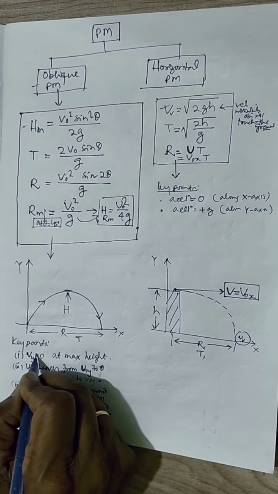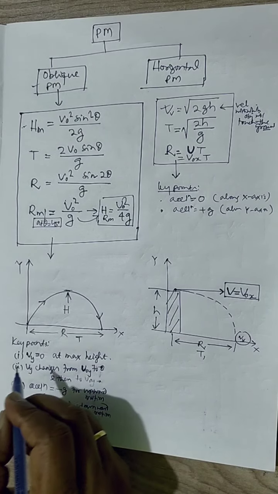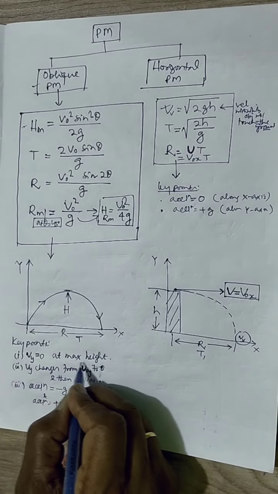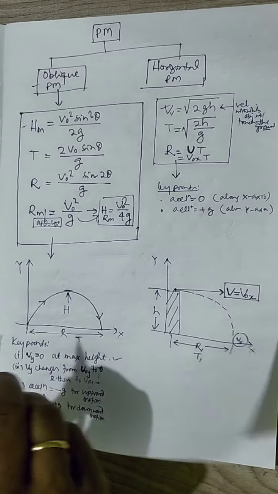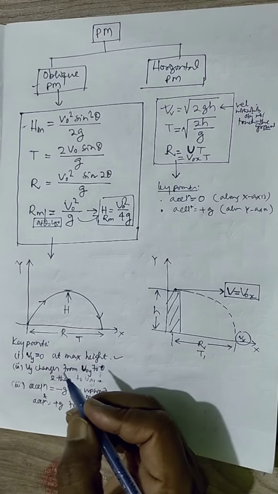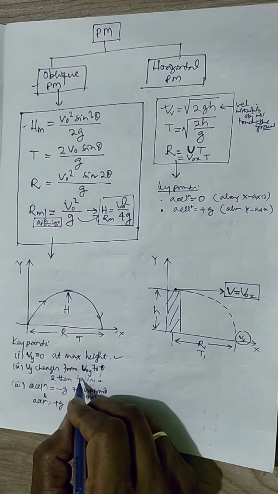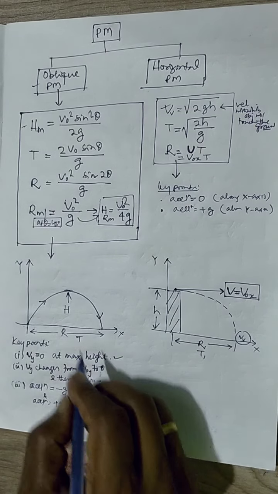During oblique projectile motion, the key points are: the velocity along the vertical direction vy is equal to 0 at maximum height, and this vy changes from its start velocity v0y to 0.